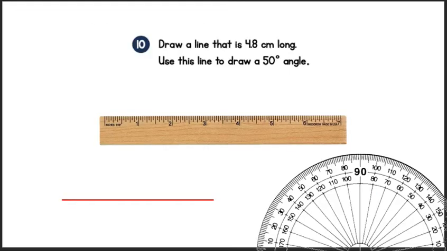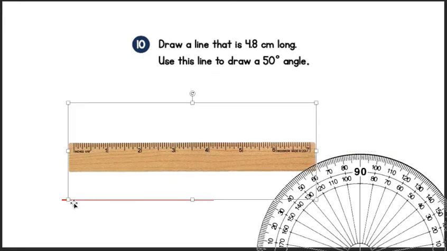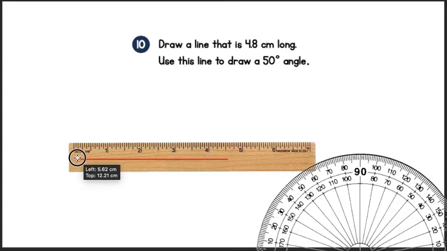Okay, question 10. Draw a line that is 4.8 centimetres long and then use this line to draw a 50-degree angle. Now obviously I can't draw a line with pencil and ruler, so I'm going to have to try and create a line.